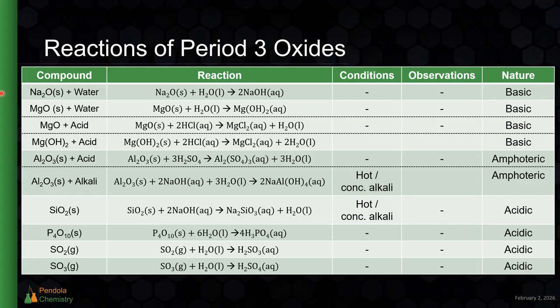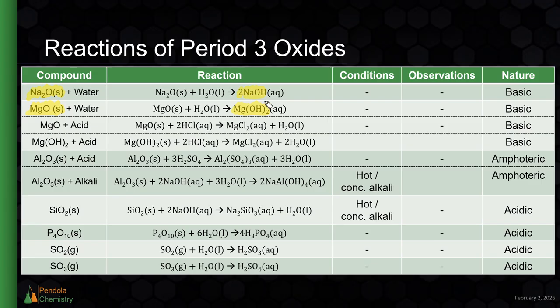When sodium oxide or magnesium oxide reacts with water, it creates the hydroxide of that element, sodium hydroxide and magnesium hydroxide respectively. So it's the same reaction that we saw with just sodium or just magnesium, where it creates a hydroxide, but with slightly different balancing, right? Because now we have that oxygen being involved in the reactant.